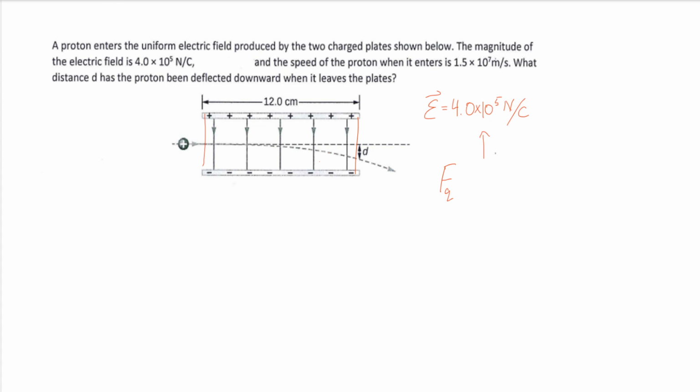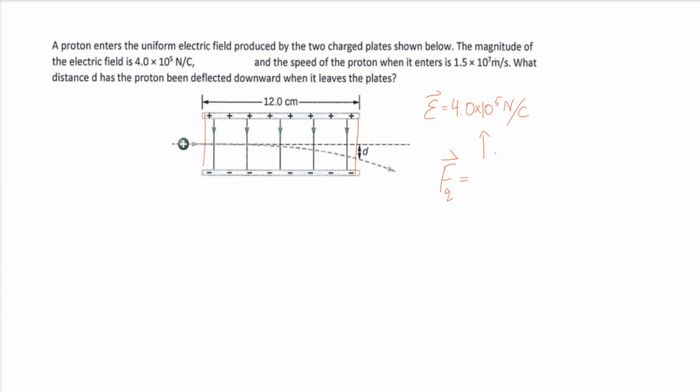How is F related to Q and the electric field? What unit am I asking you about? I'm asking you about the unit of newtons, and the unit you have is newtons per coulomb. So what do you need to find newtons?